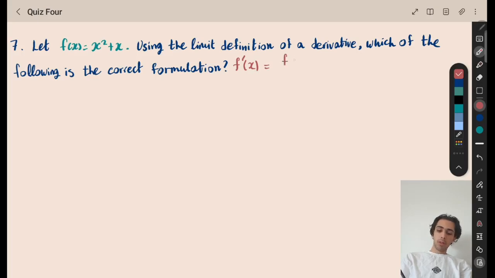So it will be f of x plus h, the value at x plus h, minus the value at x, divided by the distance covered, which is x plus h minus x. In that case, x goes away and we have h in the denominator. But this is a limiting process.